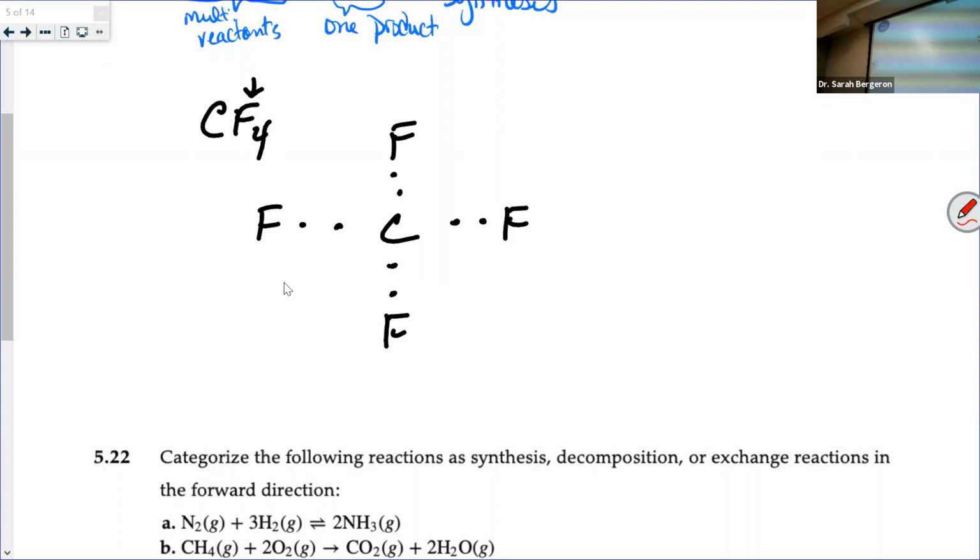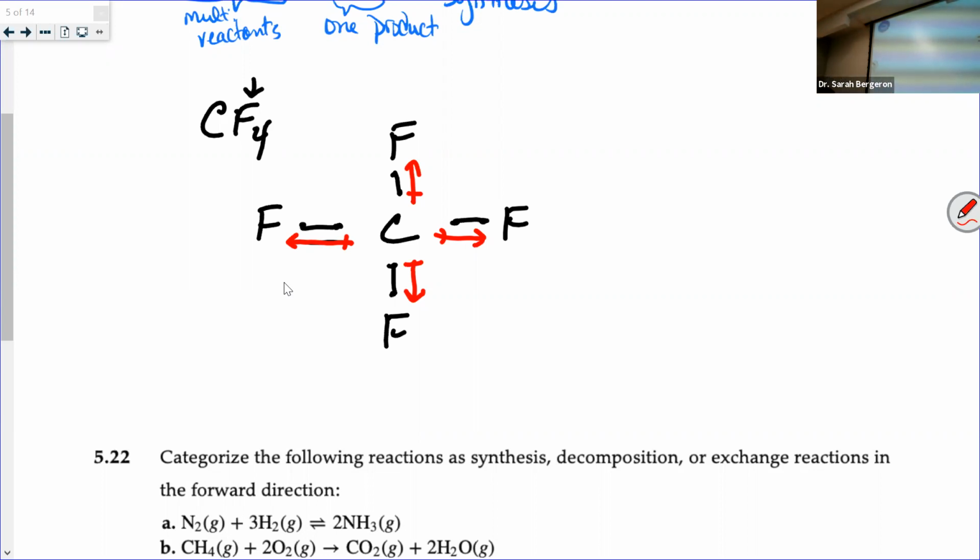Fluorine hogs them. So we call them polar bonds, and the arrows would go to fluorine, and we'd have a negative sign there. I'm not drawing fluorine's lone pairs just because.